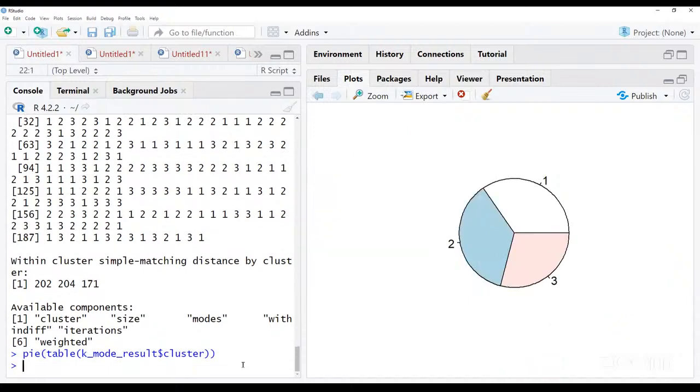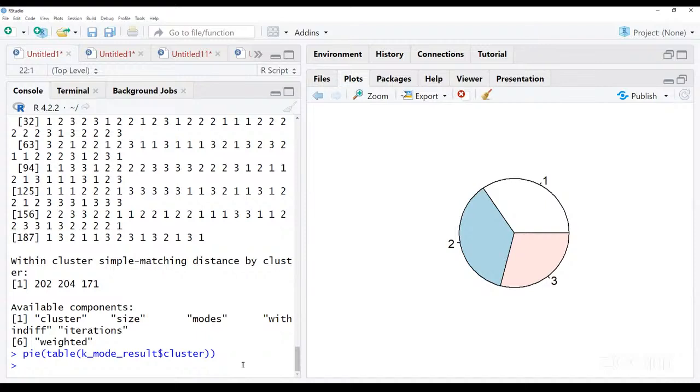Okay, so this is the pie chart. You will get that this is the majority in cluster 2. So this distribution.